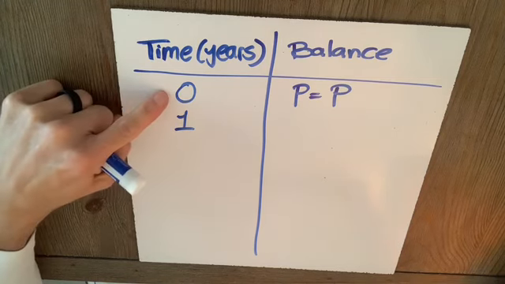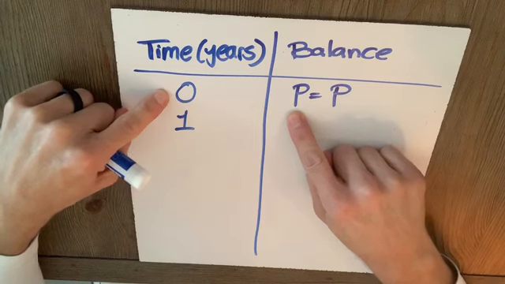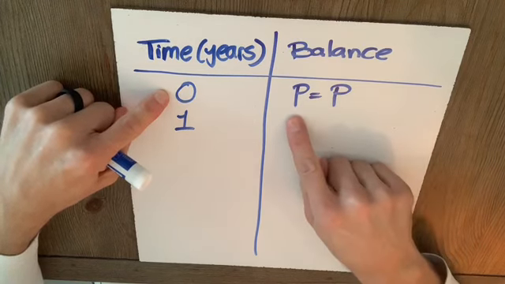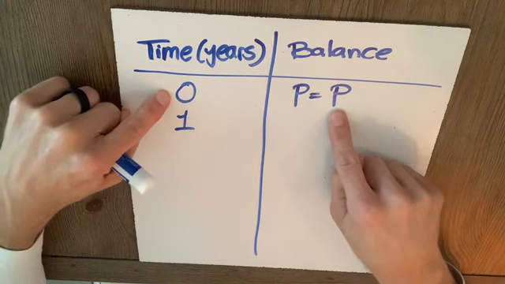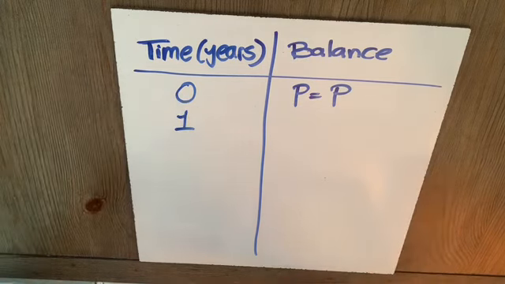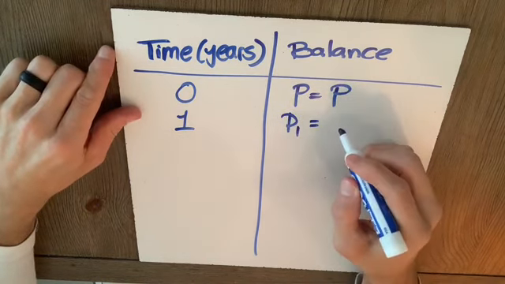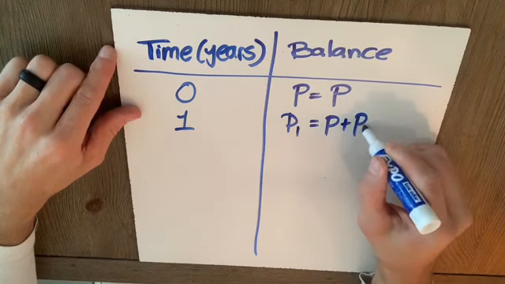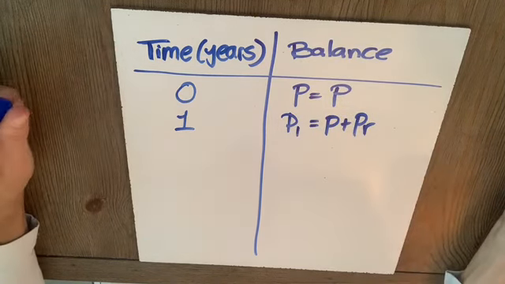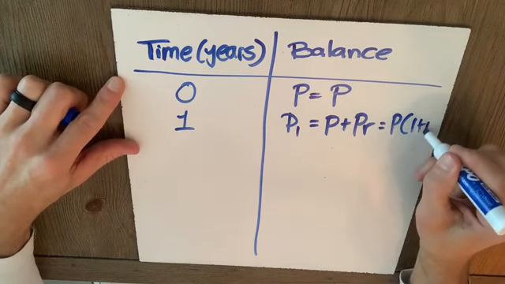After year 0, our initial input, our balance after compounding will be P. So if you put $100 in, if you don't wait any time, it's still going to be $100. But if you wait 1 year, as we saw, the principal after 1 year will be whatever we put in plus whatever we put in times the interest rate. And if we factor out P, we'll have P times 1 plus R.